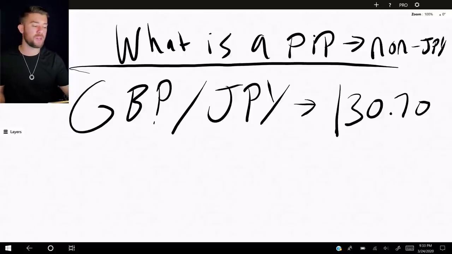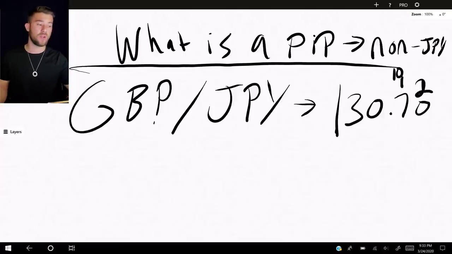So if we have 130.70, then decimal 1 would count as how many pips? This is our tens, remember? And then this, our second decimal, decimal 2, is going to be 1 pip. So if the 0 is on the 130, our 0 is going to be 100 pips.